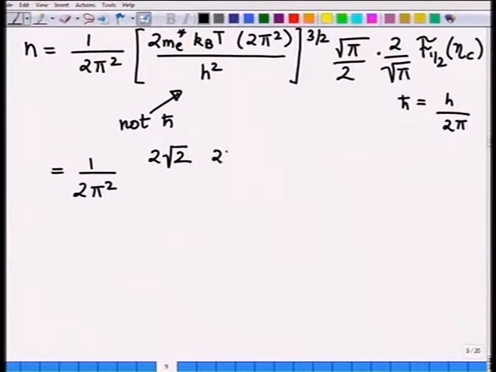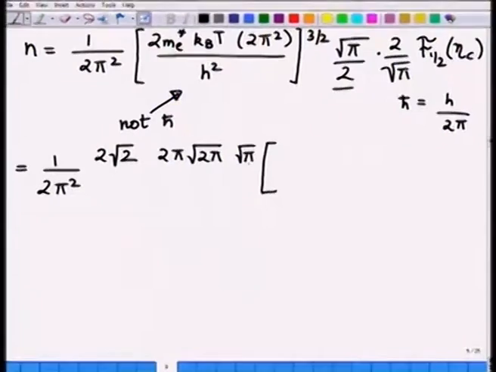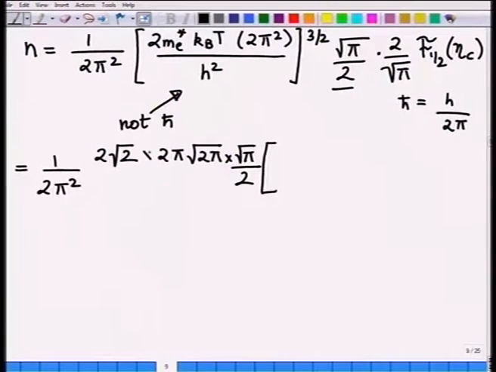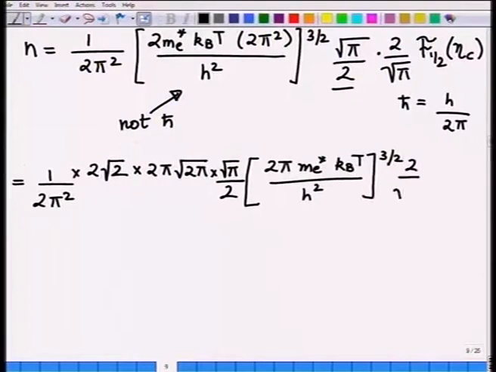So, I am going to write the square root of 2 pi one more time here, and therefore, I am going to write in bracket here as a quantity, and I am going to take this also right here, square root of pi divided by 2. I am doing all this multiplication, and I am going to write here now (2 pi m e star k b T by h square) to power 3 by 2, times 2 by root pi F half of eta c.